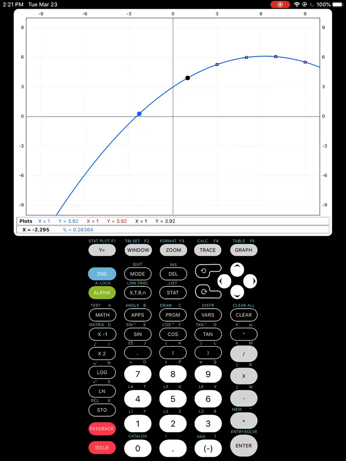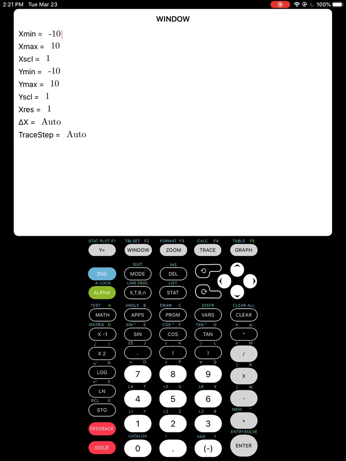And if you're looking at our practice document, I want you to notice that we're only looking in quadrant 1. And so I also want to talk to you about how to change the window or what we're looking at. So if you go to window, this is where you can determine what you're actually looking at with the graph. And with us being given a quadrant 1 graph, I'm going to put in the axis based on what the axis of the graph is.